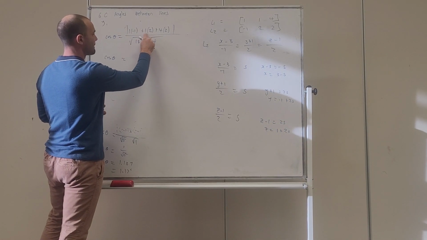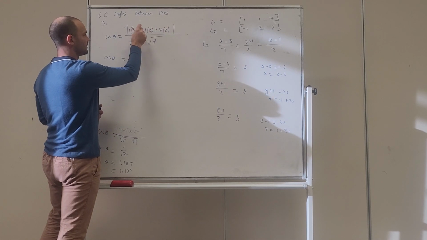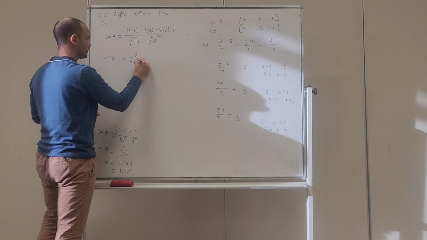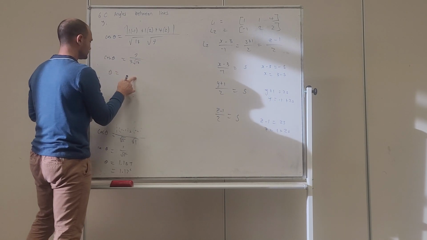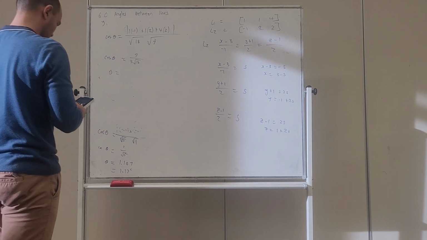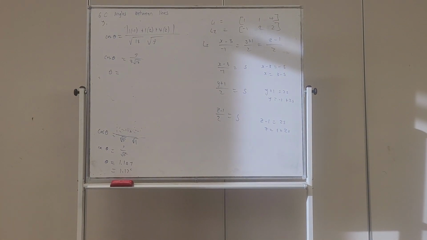Minus 1 plus 2 plus 8. So that's 9. So we have 9 on top of 3 root 18. And we find the inverse cos. We got pi on 4. Pi on 4, 45 degrees.